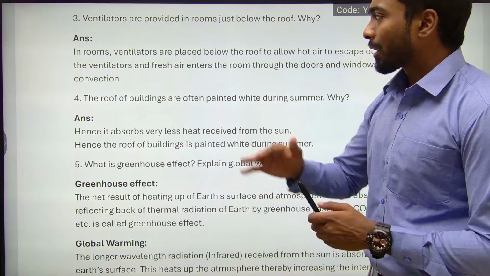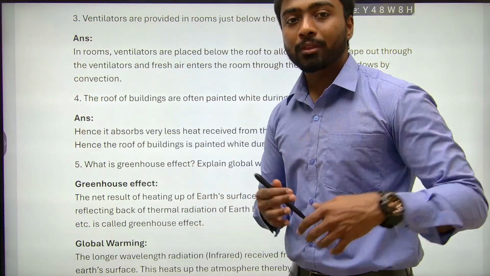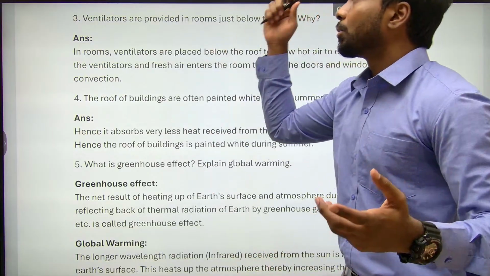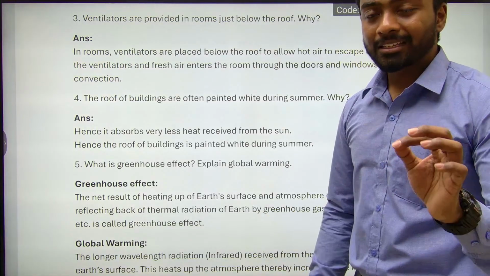So the hot air goes out, and the cold air comes in through the doors. That is why we keep ventilators just below the roof.